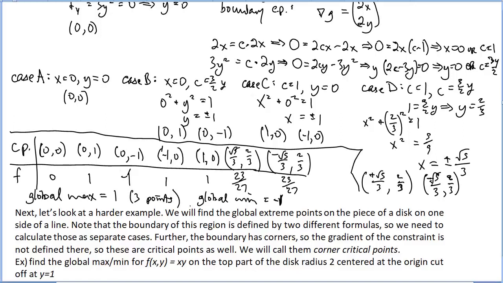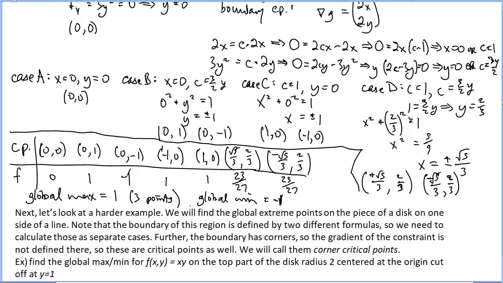So we're going to find global extreme points on the piece of a disk on one side of a line. So now notice that the boundary of this region is defined by 2 different formulas. So we're going to need to do those as separate cases. Now furthermore, the boundary has corners. And when a curve has corners, we know that the gradient at that point is not defined.